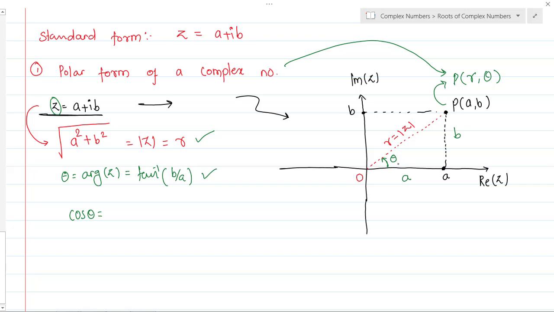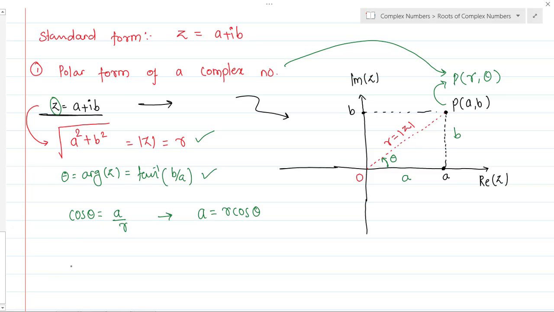Cos theta is nothing but adjacent divided by hypotenuse, so it is a divided by r. So what is the value of a? It is nothing but r cos theta.